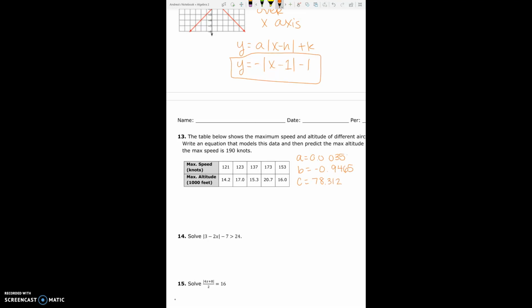And the steps that you do are located on the video at number 5. So to write this equation, I would have y equals 0.0035 x squared minus 0.945 x plus 78.312.